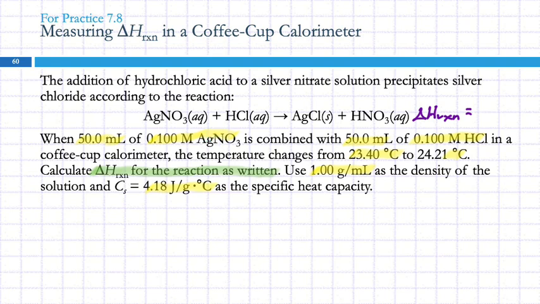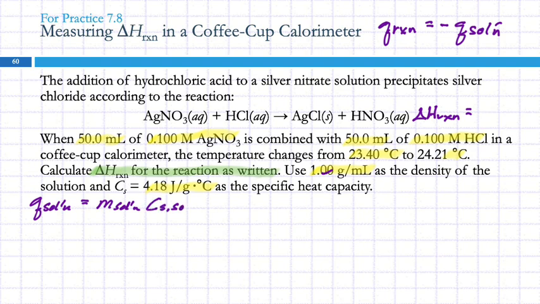Okay? We cannot calculate directly Q reaction, but we can calculate Q solution. We know that Q reaction is equal to Q solution times -1. And Q solution is equal to the mass of the solution times the specific heat capacity of the solution times the change in temperature for the solution.